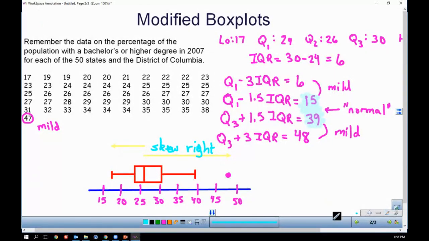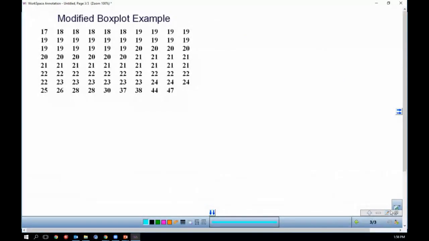So let's do it. The one thing we need to do is get our 5-number summary. So what's our low value here, since they already ordered it for us? 17. That's our low.